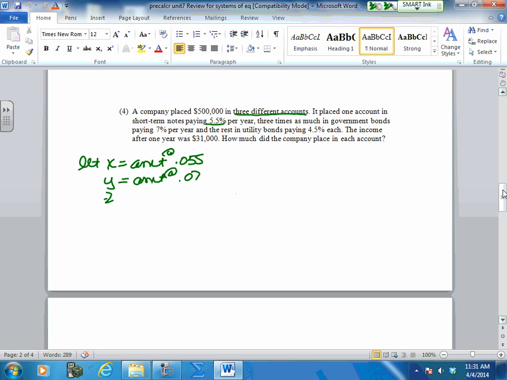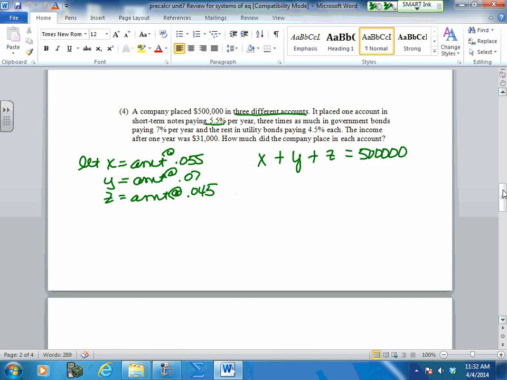And Z equal your third amount at 4.5%, 0.045. Okay, so we know our 3 pieces, and again, his 3 investments that he put the money into totaled $500,000. Watch the zeros on this because you have large numbers.